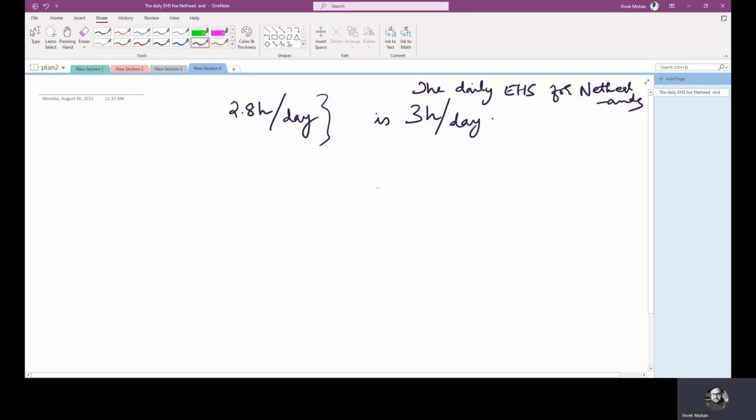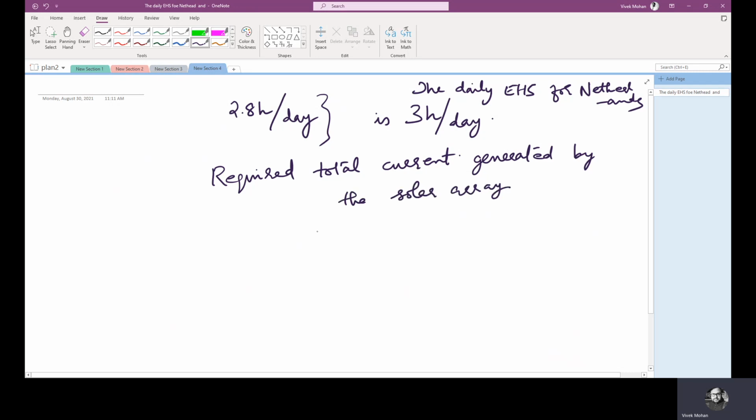Now we need to find the required total current generated by the designed solar array. The total ampere hour requirement is 45.6 Ah, including the system losses and loads, right?